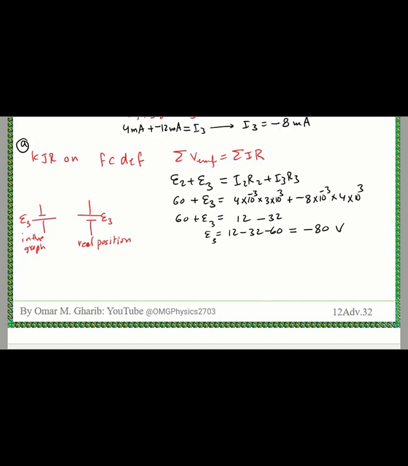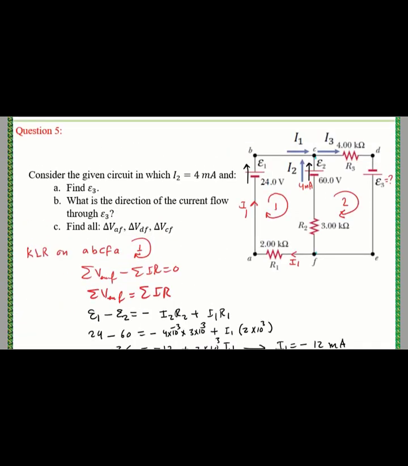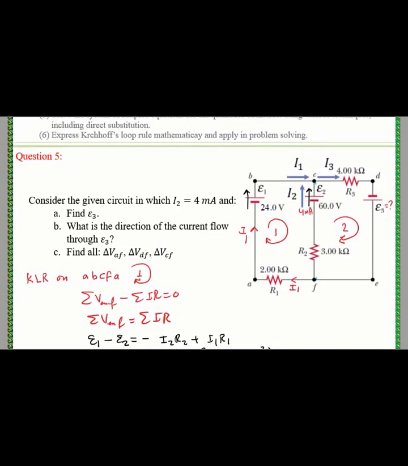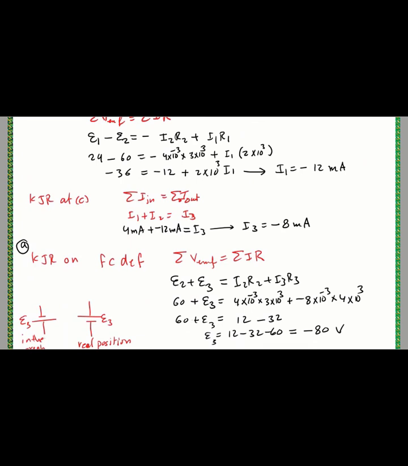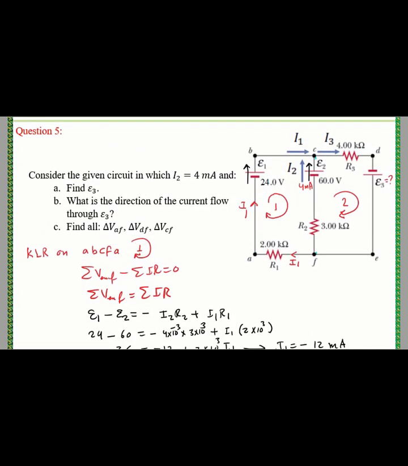Now for part B, we need to find the direction of the current flowing through epsilon 3. What is the direction of the current flowing through epsilon 3? Through epsilon 3, the current is I3. It is indicated in the graph from C to D to E, so it's through epsilon 3 from D to E. But we have it with a minus sign in the calculations here, minus 8. So it should be inverted. It is not like in the diagram.